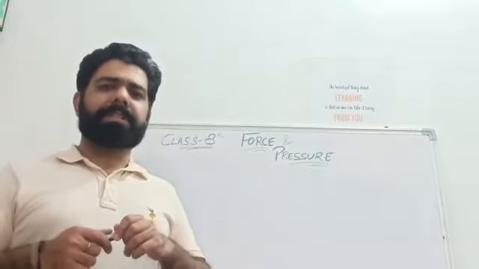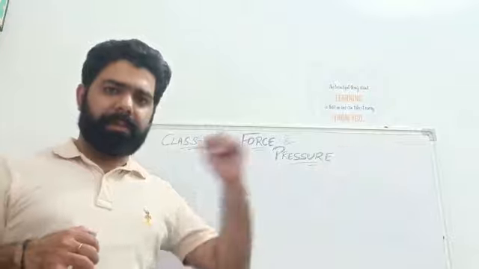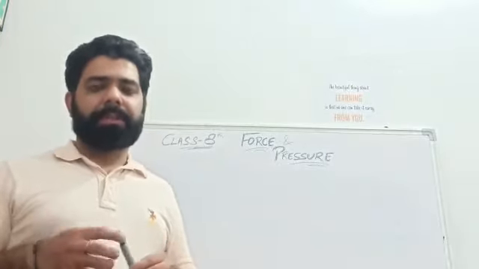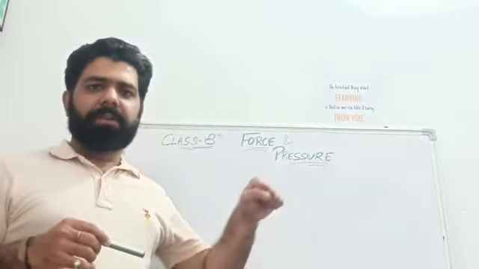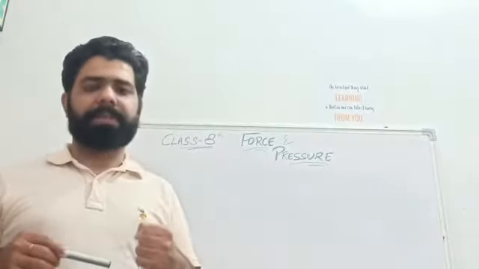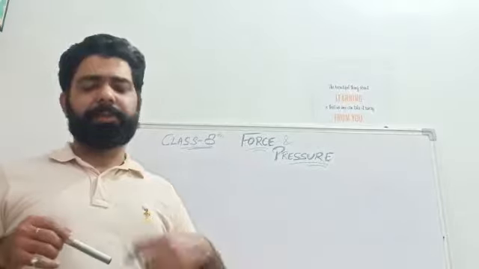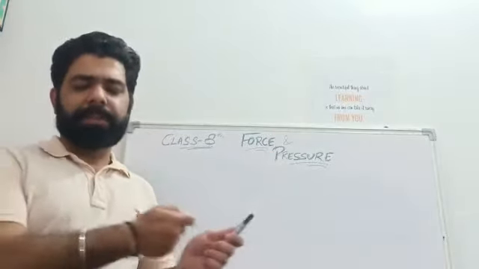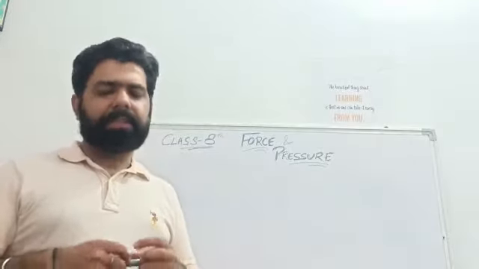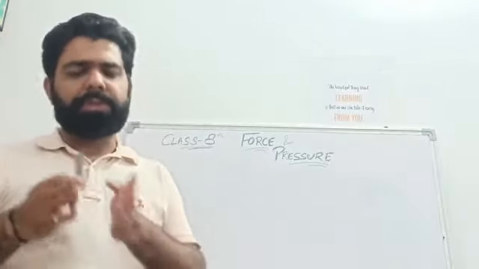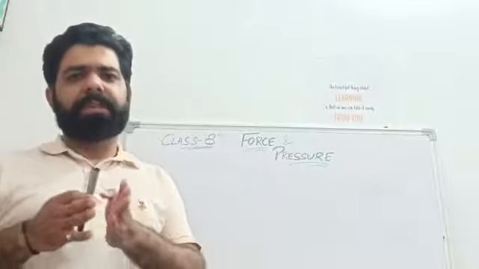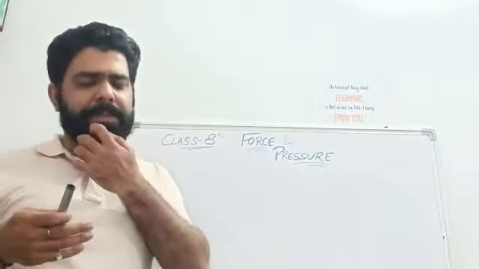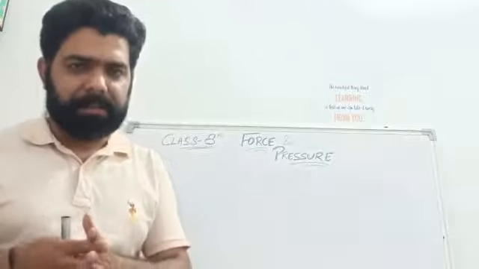Suppose I have to open the door of my room. I would go there, hold the handle, and pull it towards me. It means I have to be in contact with that door handle. तभी वो open हो जाएगा. Understood? So force due to an interaction means force always needs a contact. Whenever force is applied on an object, it always needs a contact.